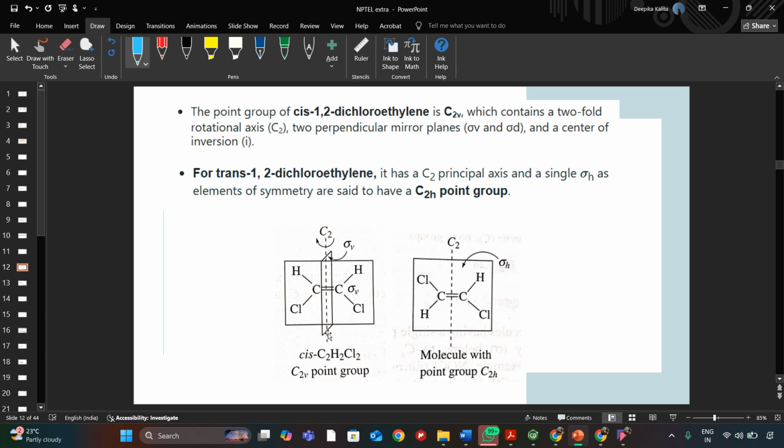Along with that, there will be a mirror plane which will be passing through the C2 axis of symmetry. That means the axis of symmetry will be contained by the mirror plane, which will divide the molecule into two identical halves. Thus, the mirror plane is sigma V. So these two are the symmetry operations present in case of cis 1,2-dichloroethylene.